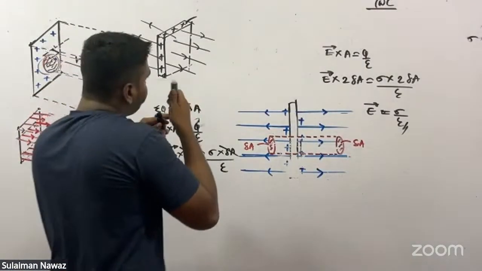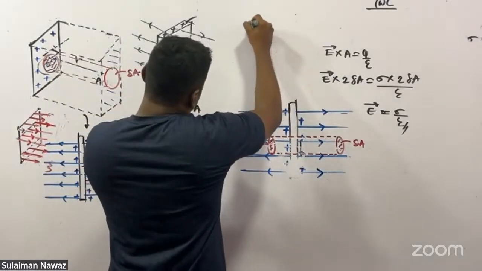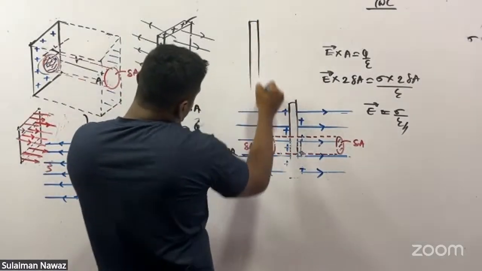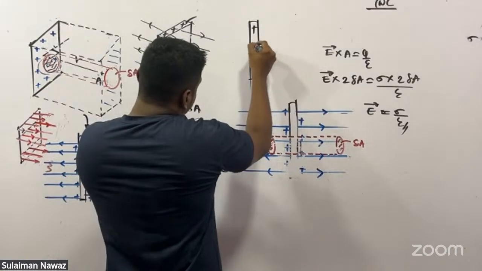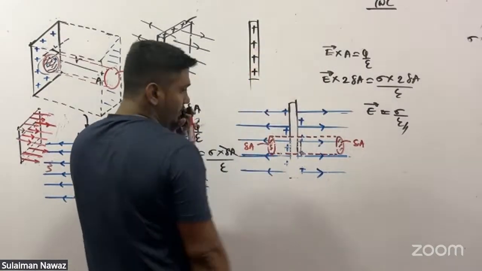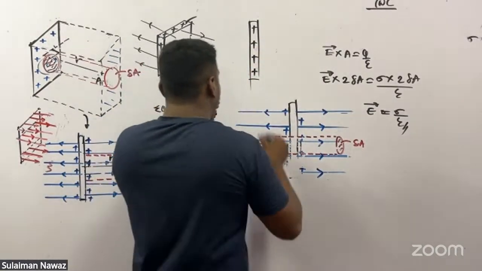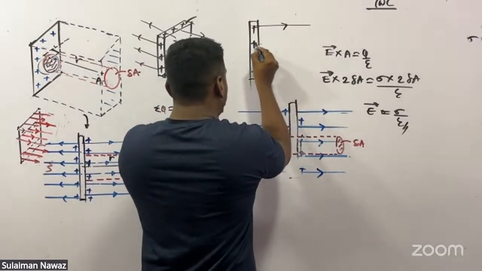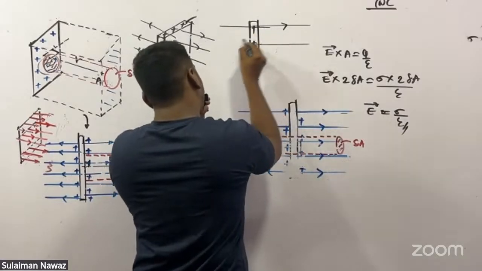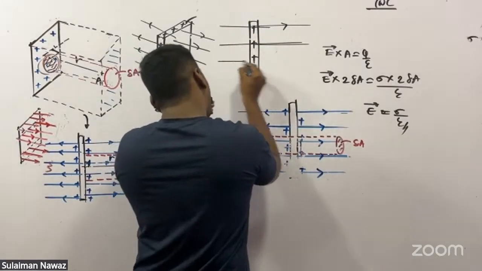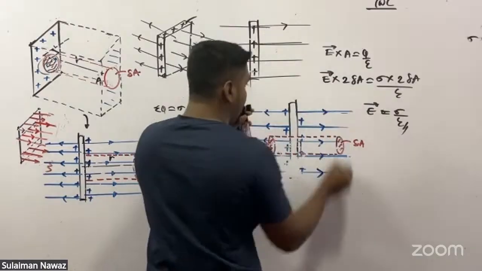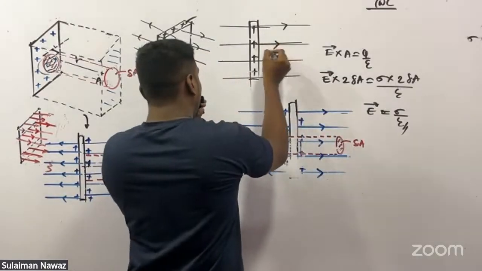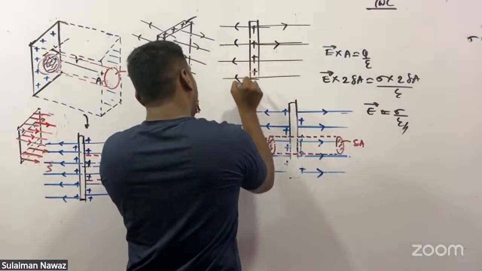This is your plate. Charges are inside the plate, and in this case, electric field lines pass in both directions. Electric field lines can pass through the plate because it is non-conductive.